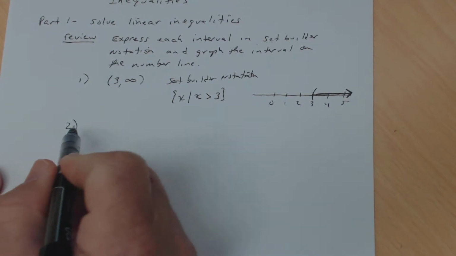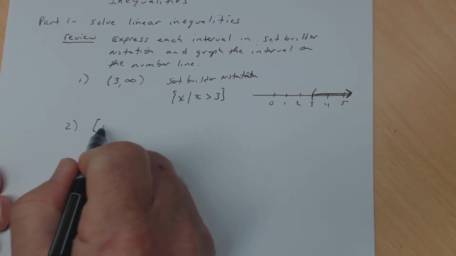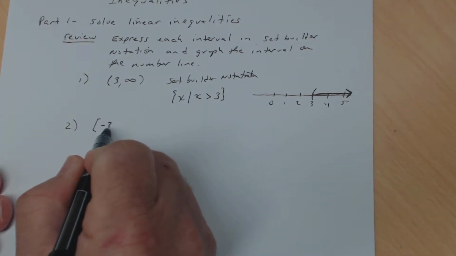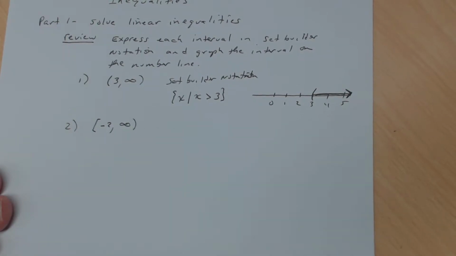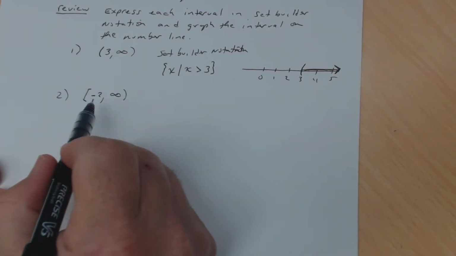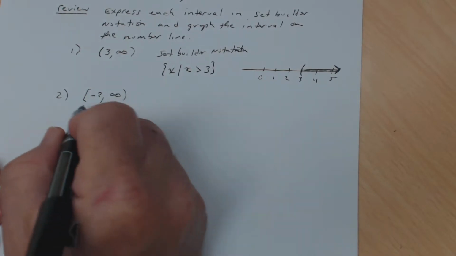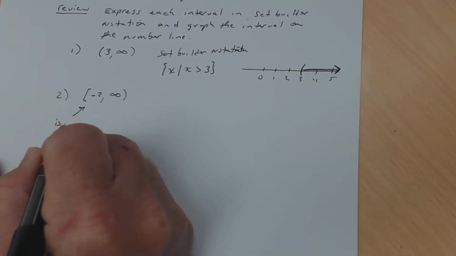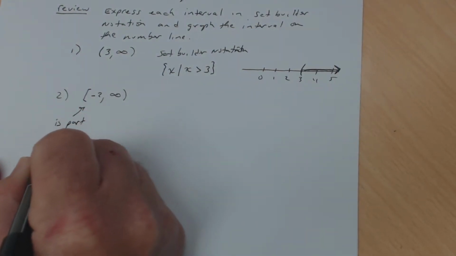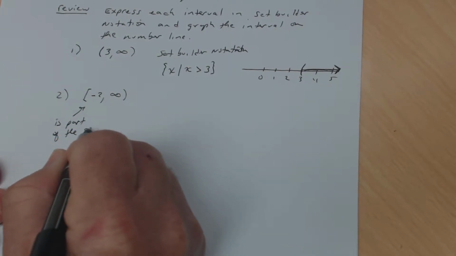All right, so let's say I had bracket negative 2 to infinity. The bracket means that this is part of the solution set.